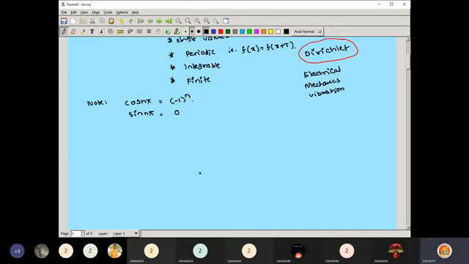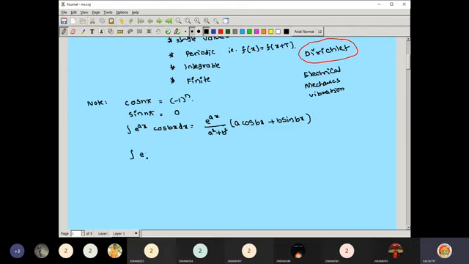Next line. Do you have an idea? This integration I have already told in Laplace transform. Integral of e power ax cos bx dx, what is the principle for this? e power ax by a square plus b square, a cos bx plus b sin bx, there is a formula like this. We must have an idea of these.